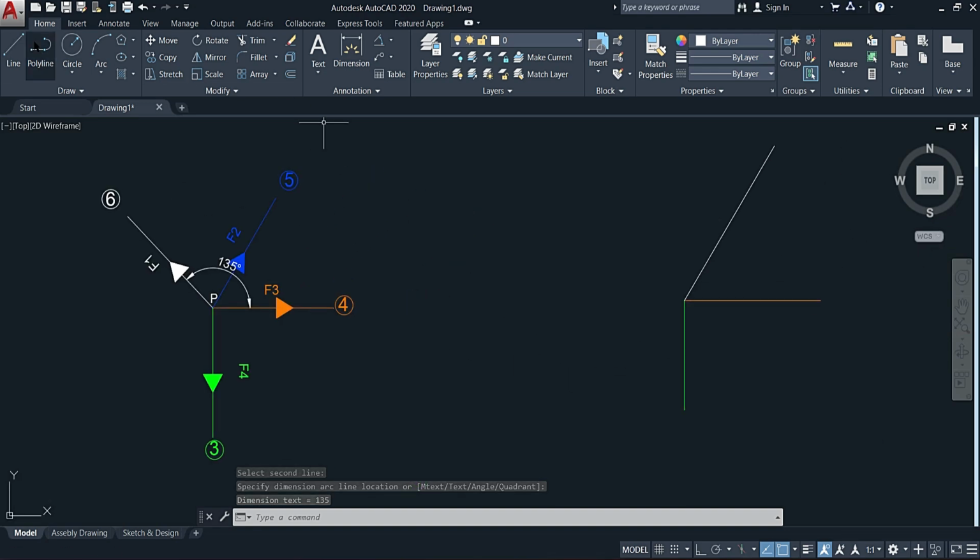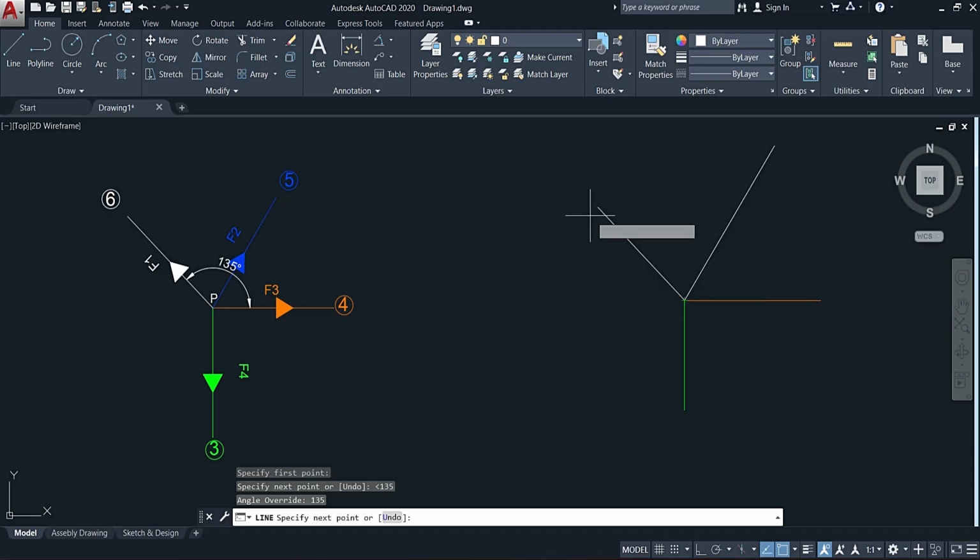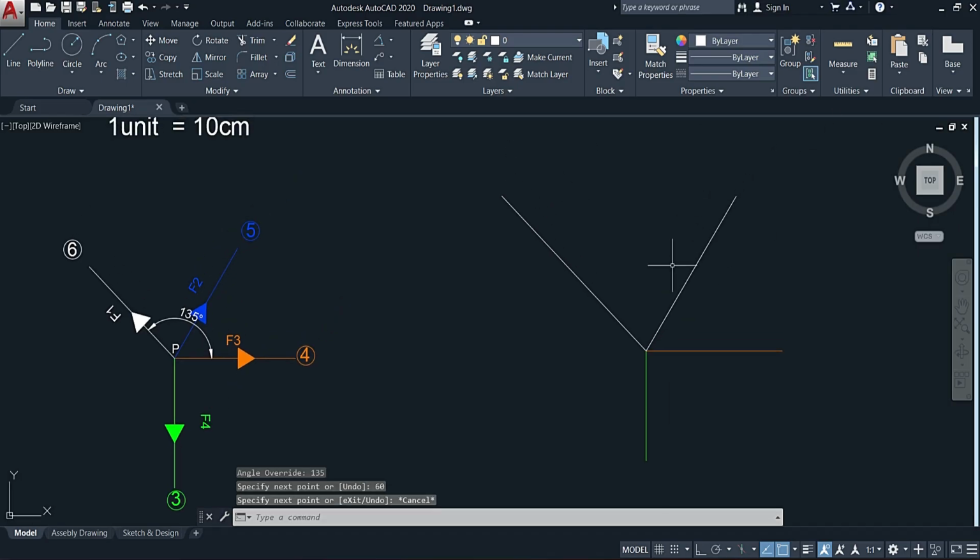Line, click at my base point, enter the greater than symbol, then enter the angle, which is 135, then press enter. Now my cursor is locked in that direction. I am going to be entering 60 centimeter. All right, now all my lines are drawn to the scaled value or the specific scale that I'm using.